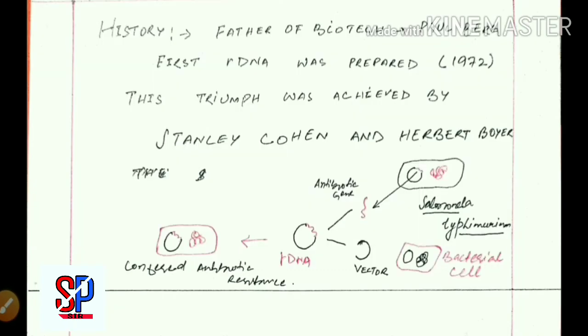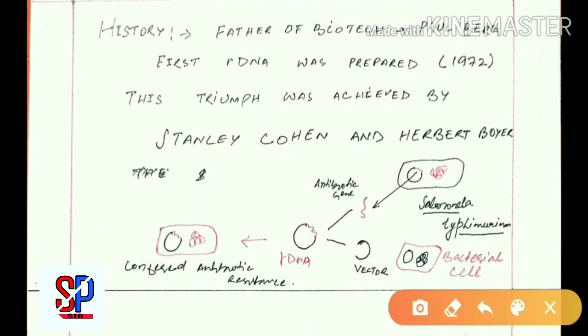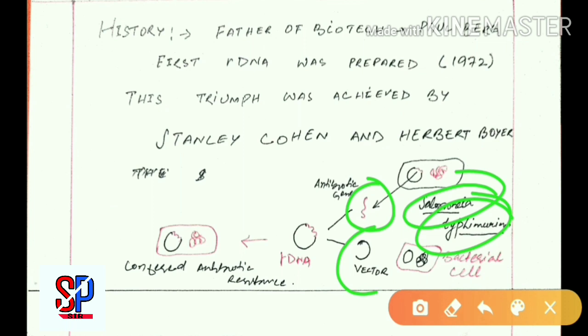They were working on a gene which was conferring antibiotic resistance to the bacteria Salmonella typhimurium. What they did, they successfully isolated the antibiotic resistance gene, that is right here, from the bacteria, and then ligated this antibiotic resistance gene with the plasmid of another bacteria and formed the recombinant DNA.